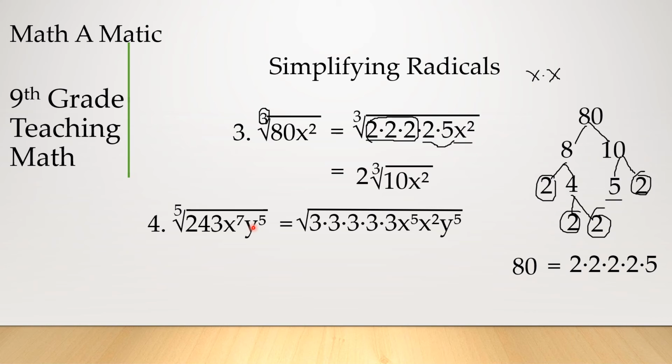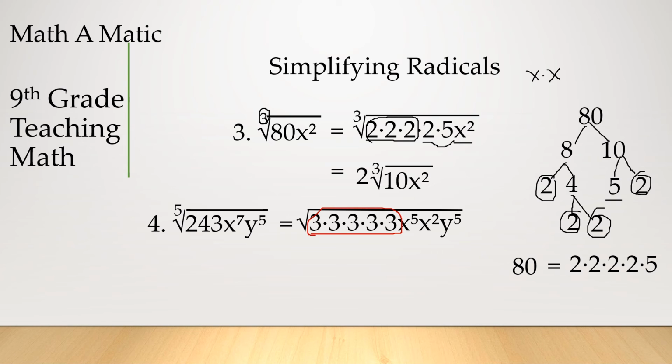This is x to the 7th power, so I can factor this as x to the 5th and x to the 2nd. If we add these, that is equal to 7. And then y to the 5th, the exponent is already 5. So we're just looking for a number that is multiplied by itself 5 times. So here, 1, 2, 3, 4, 5.